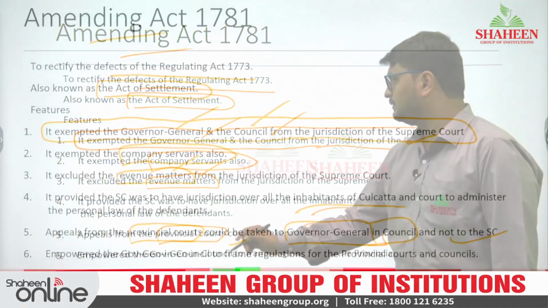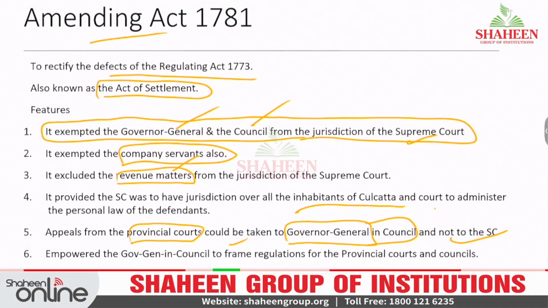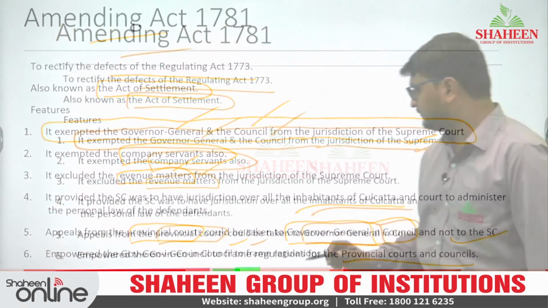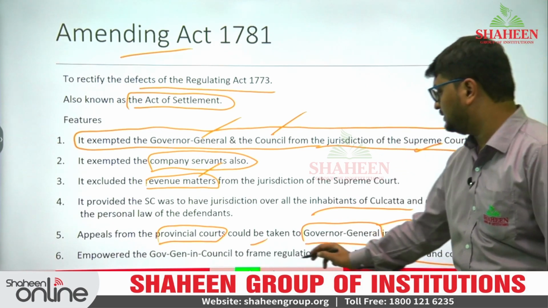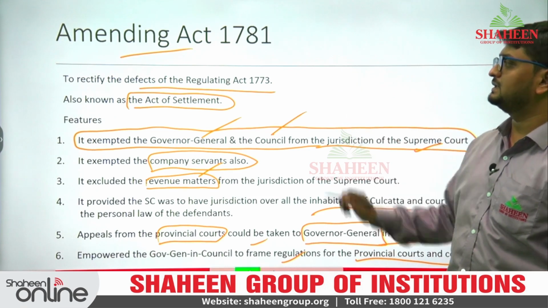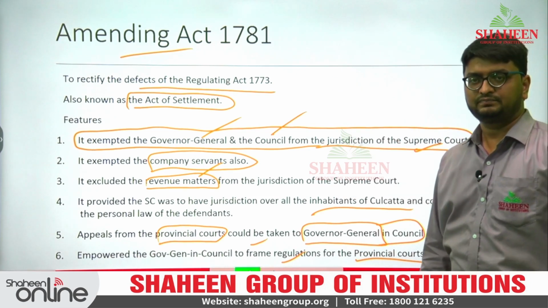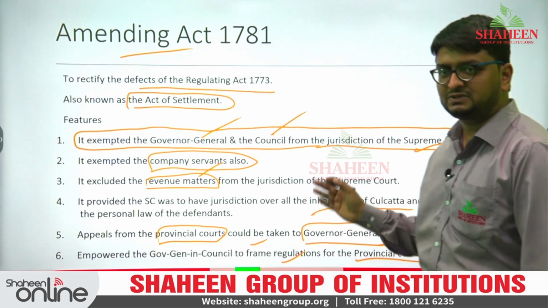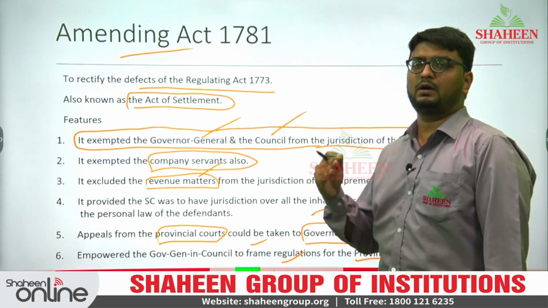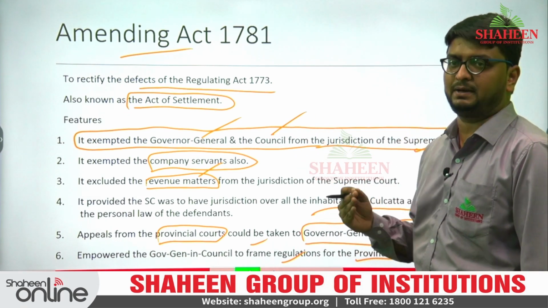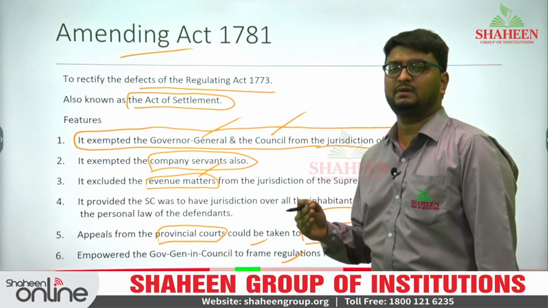Then the Amending Act empowered the Governor General in Council to frame regulations for the provincial courts and councils. So if the Governor General and Council want to frame regulations for provincial courts and councils, they were permitted by this Amending Act of 1781. So this is an extra act which was made basically to remove or minimize the defects which happened because of the 1773 Regulating Act.